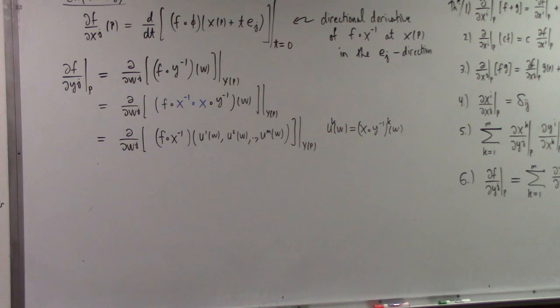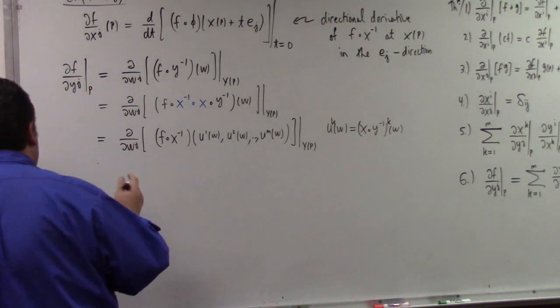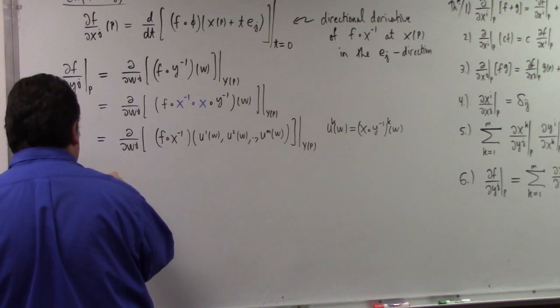And so I would remind you, we know a chain rule for compositions of functions on Rm, and it looks like the following.